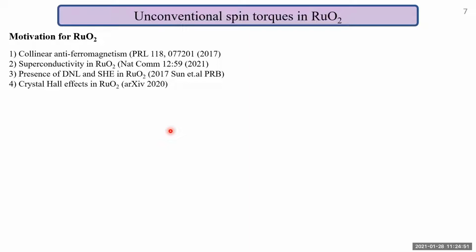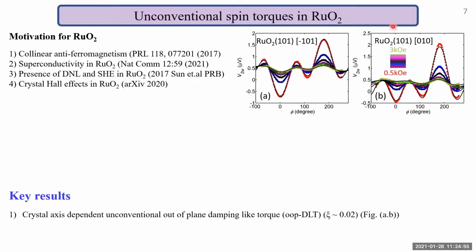So we started to look at what happens for this. We studied 101-oriented ruthenium oxide. Here I show the data for the second harmonics. Previously I discussed the ST-FMR. Now I'm showing the data for second harmonics. You can easily see the difference between these two curves.